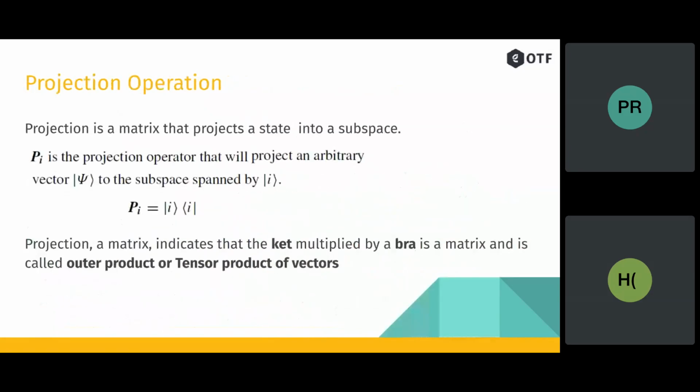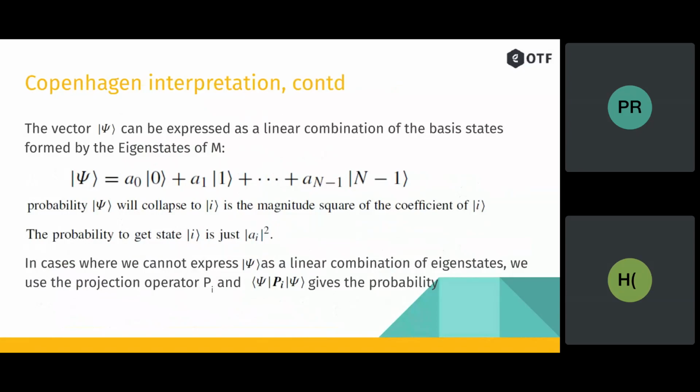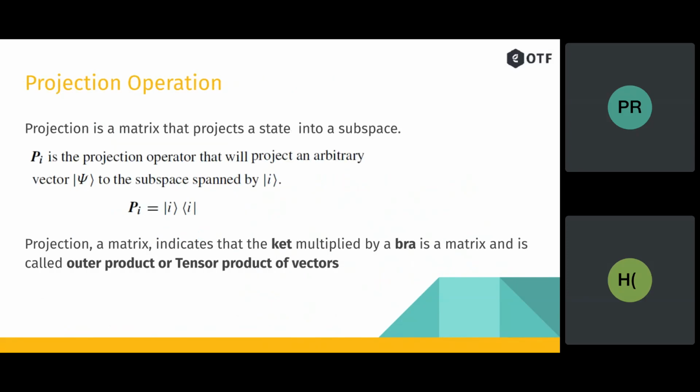In the same way, in this case, we can do it using probability, and they call it a projection operator. So if you have bra, sigma and pi, which is the projection matrix or projection operator, then you can give this with the probability matrix. The projection matrix is nothing but what projects the state into subspaces. So pi is a projection operator that will project an arbitrary vector into the subspace spanned by ket i.